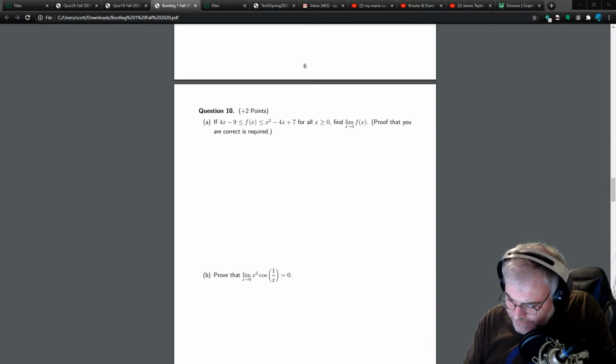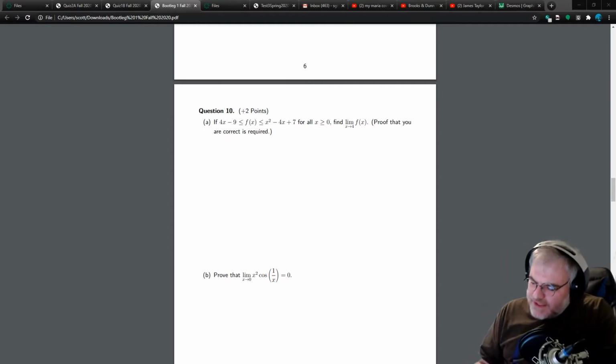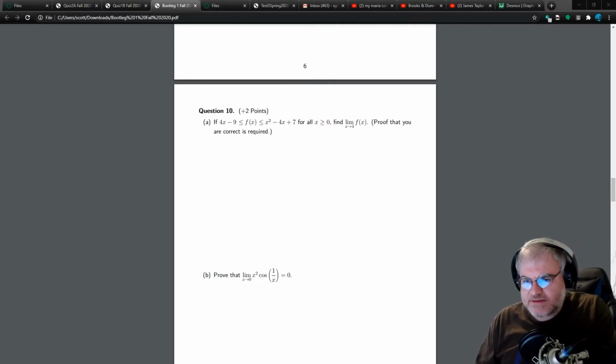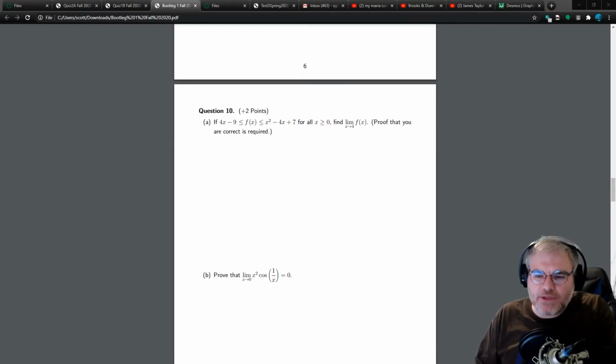So I need to show for all x near a that top of x is greater than or equal to f of x is greater than or equal to bottom of x. So I need to show that it's squeezed between two things and everyone's heading to the same place.